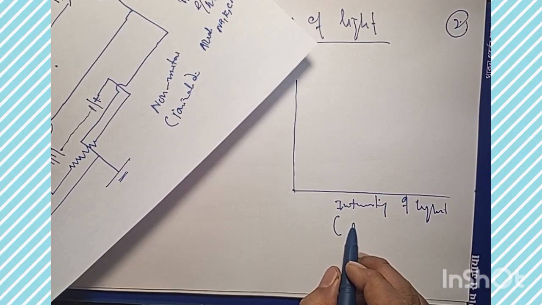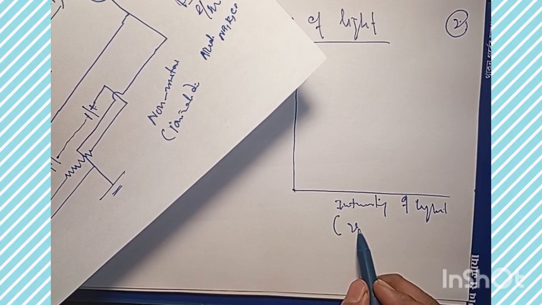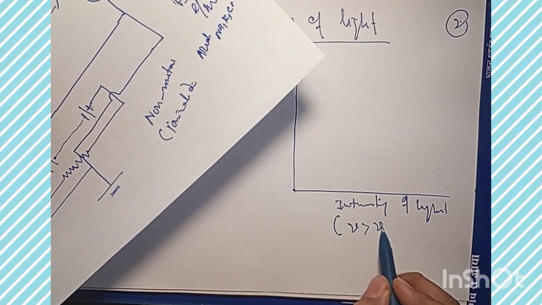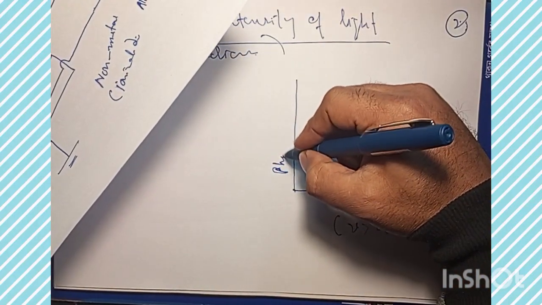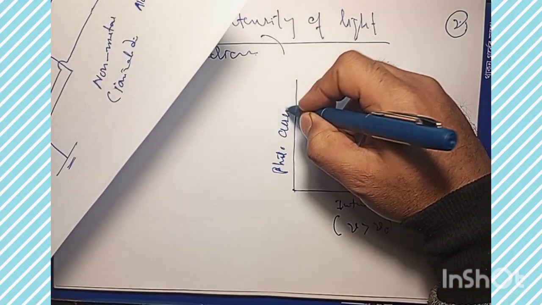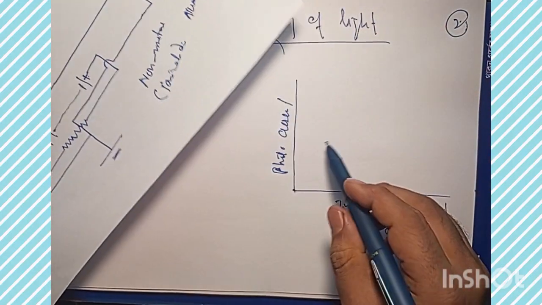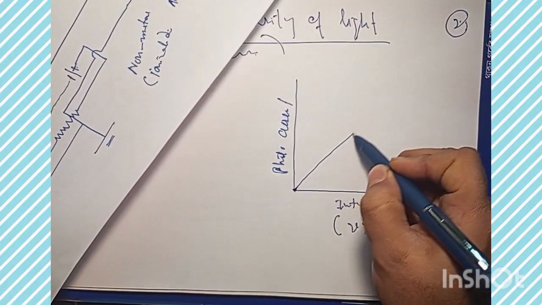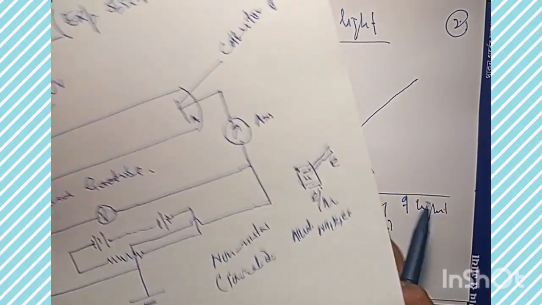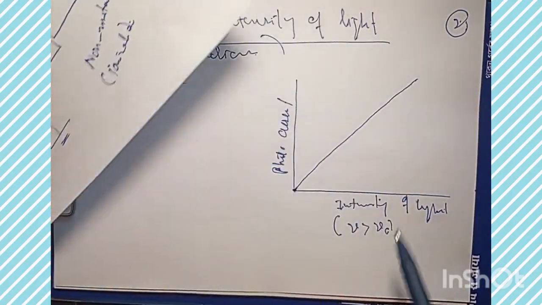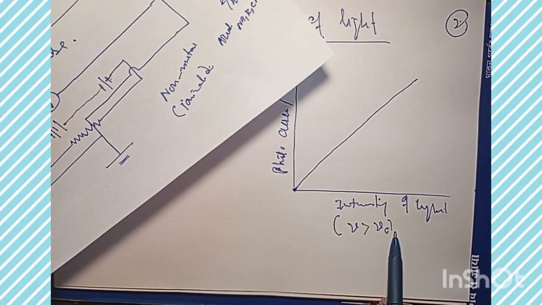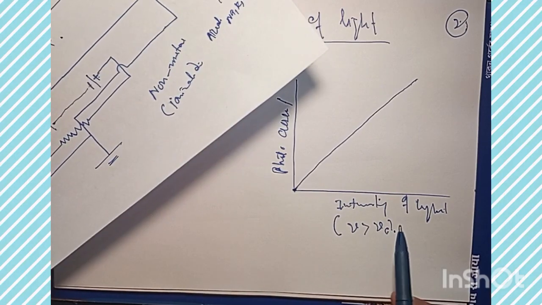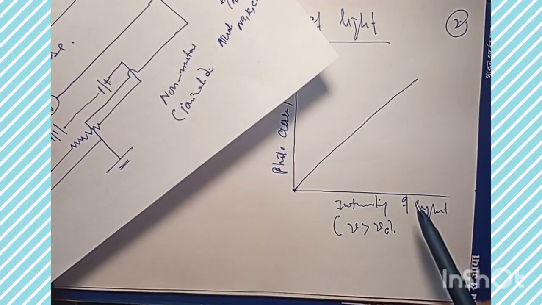Now, what we have to make sure is that the frequency has to be greater than some minimum value, and then we measure the photocurrent using this emitter, and what we observe is a behavior like this. So what we observe here is that with the increase in the intensity of light, we have a proportional increase in the current.